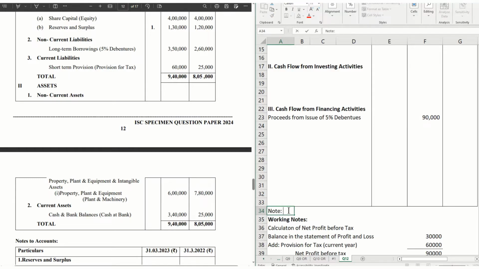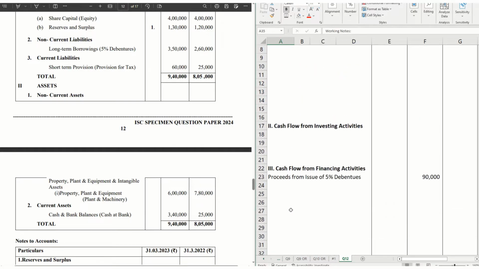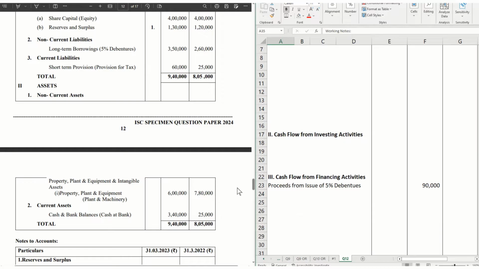So you can add a note here, assuming debentures were issued at the beginning of the year. In that case, our 5% interest will be charged on the entire 3,50,000. So interest paid on debentures.